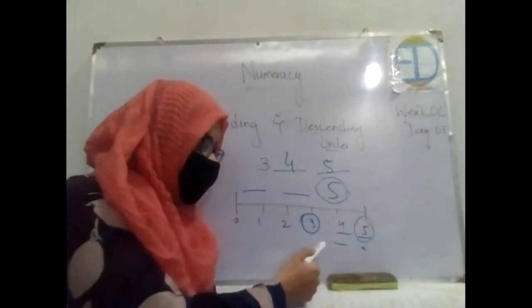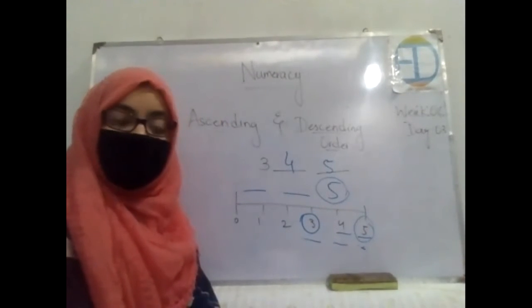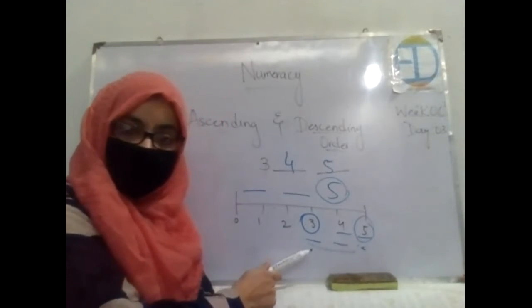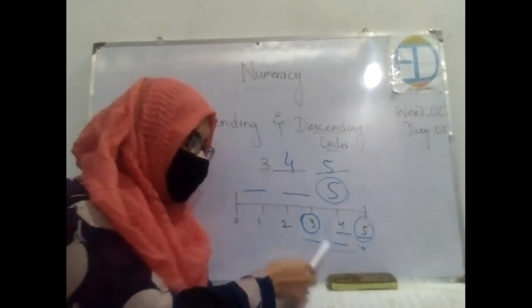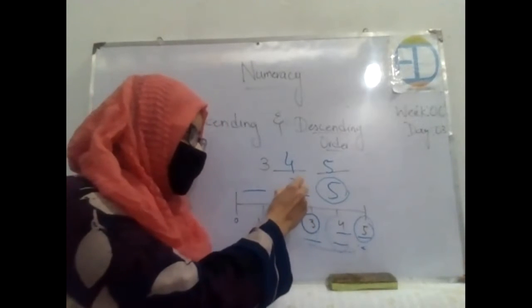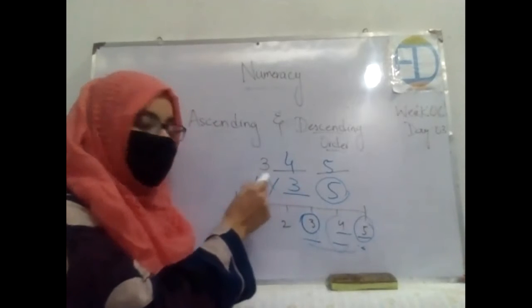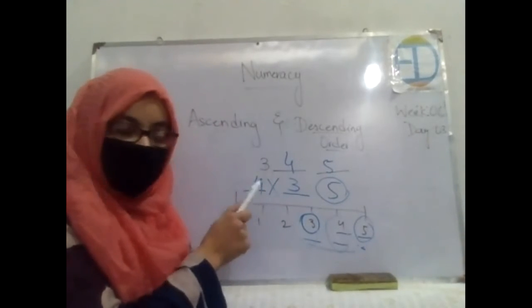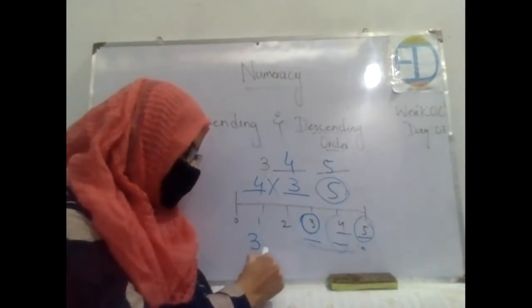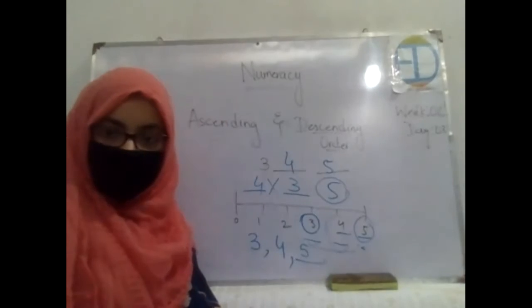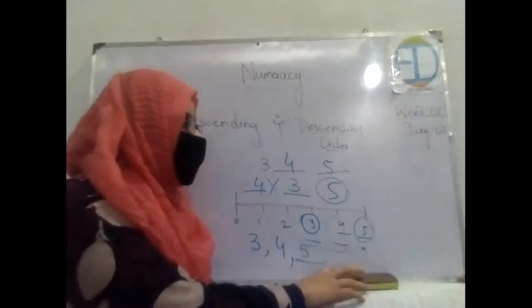So the two numbers before 5 are 4 and 3, and I told you that you would be following the same order like the numbers are written over there. First come 3 and then 4, so you cannot write 4 and 3 like this. This would be an incorrect order. So the correct order is that you will first write 3, then 4, and 5 is already mentioned. Got it?